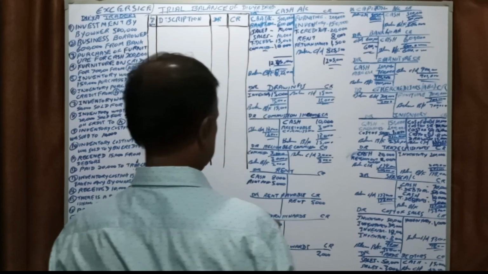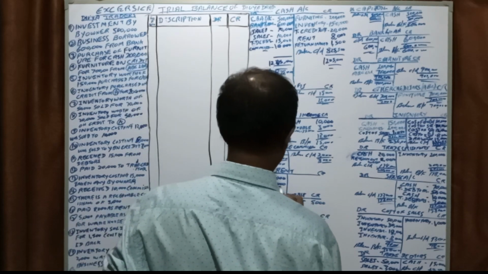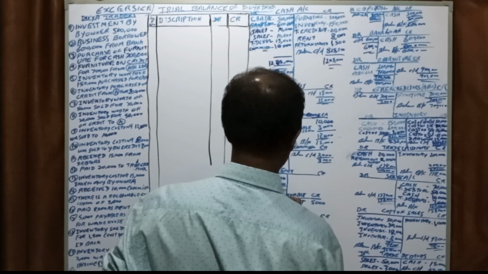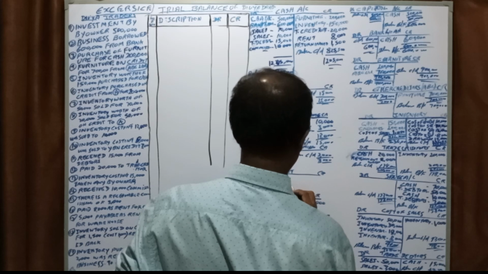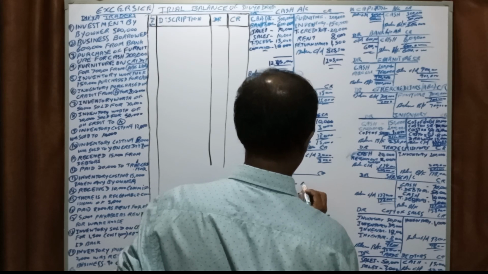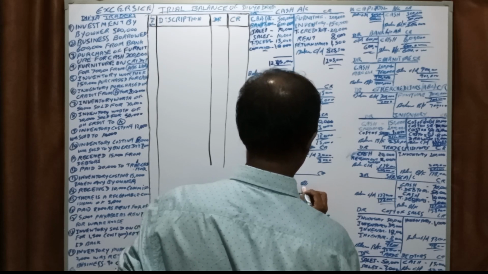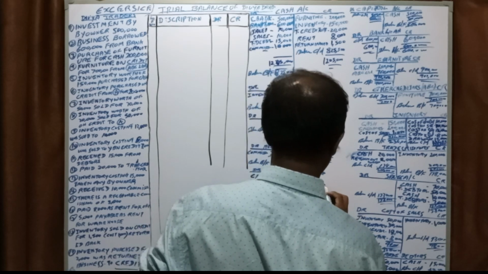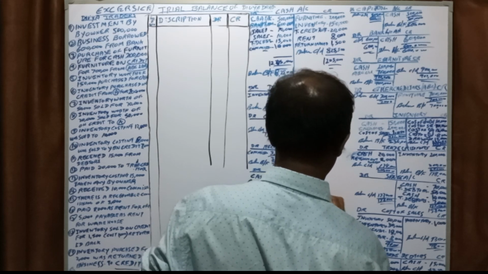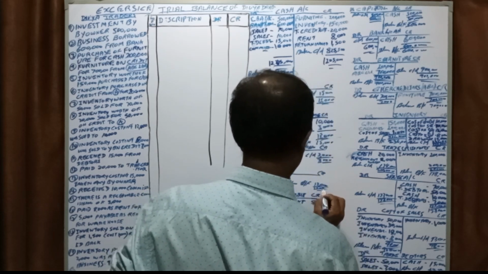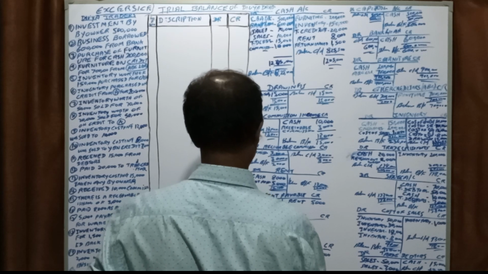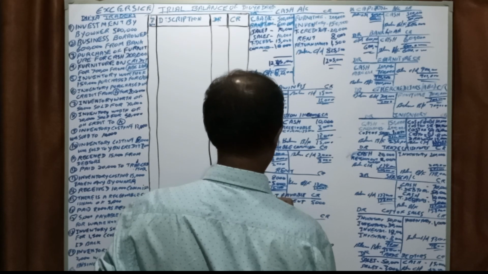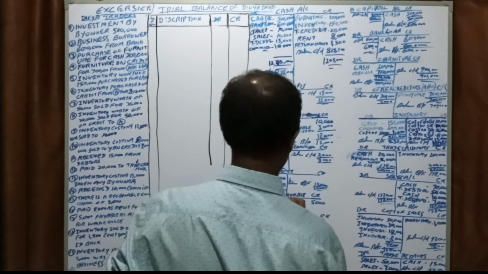Right, cash. Here we'll say 13,000 rent account, balance carried down 13,000, then total is 13,000, balance brought forward 13,000.